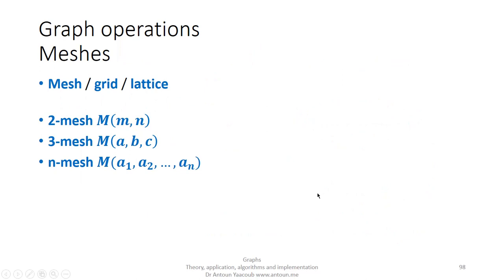So we end up with meshes. A mesh can also be formed using a Cartesian product. We call it a mesh, or a grid, or a lattice. The 2-mesh M(m,n) is the Cartesian product of Pm times Pn.